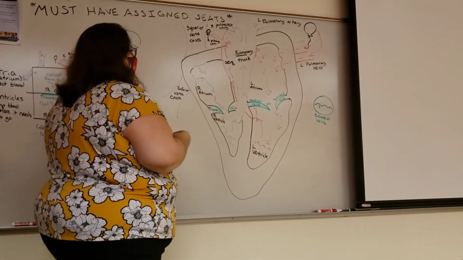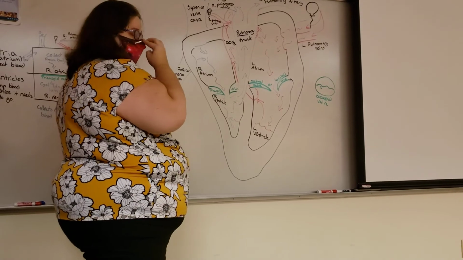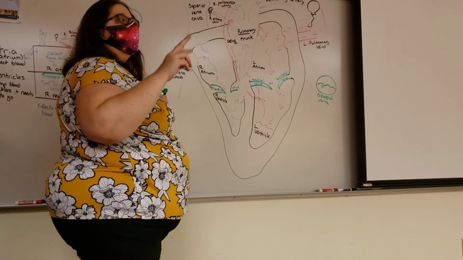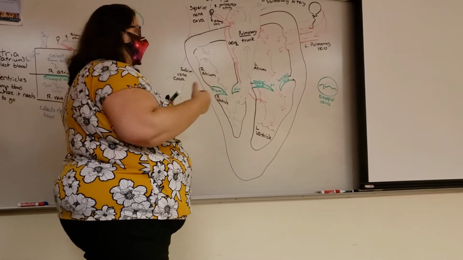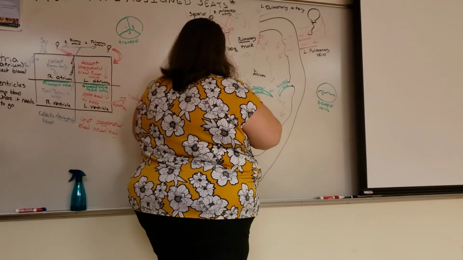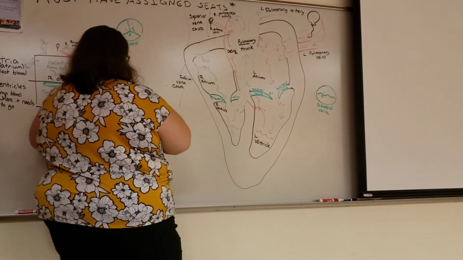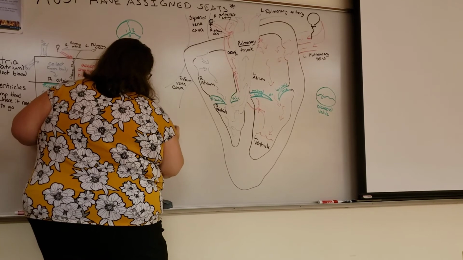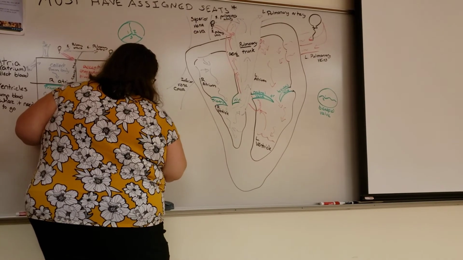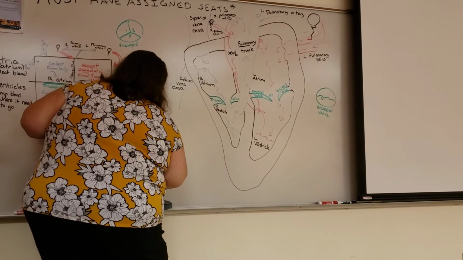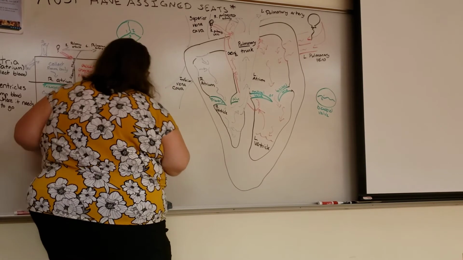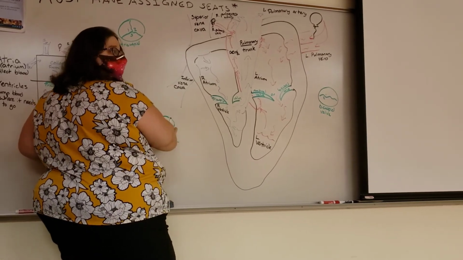You have two other valves to prevent blood from backflowing. So two other doorways. Both of these valves are collectively known as the semilunar valves because their valve is kind of shaped like a crescent moon.